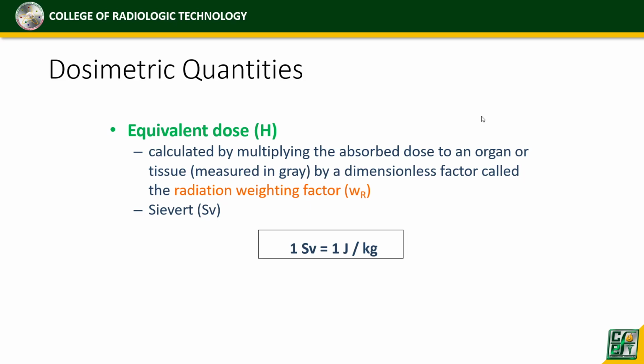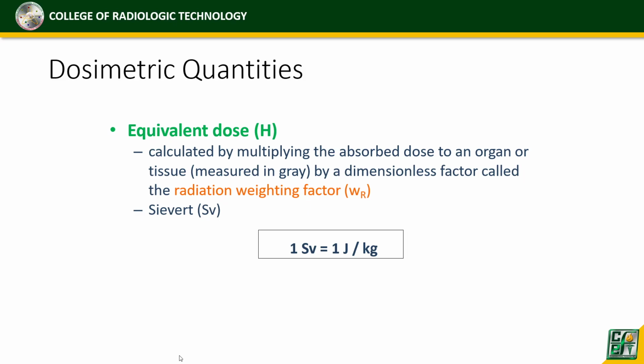So ano ba yung radiation weighting factor? Na-encounter nyo ba siya sa book? Ang tawag yata sa book is tissue weighting factor. Okay. So, in order for us to get the equivalent dose, i-multiply natin yung absorbed dose sa tissue weighting factor. So, ano ba example ng tissue weighting factor natin?